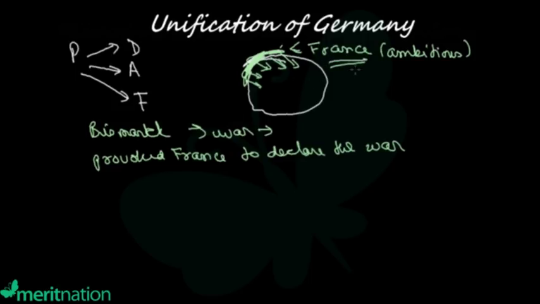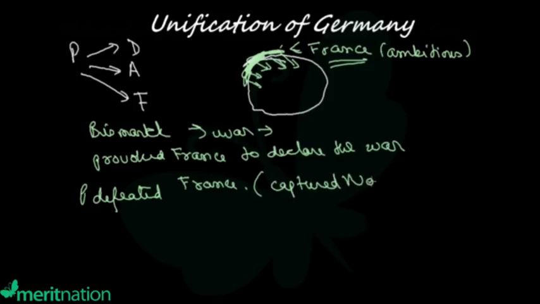And after France declared the war, Prussia very easily defeated France again. They captured Napoleon III of France, and they moved towards Paris.